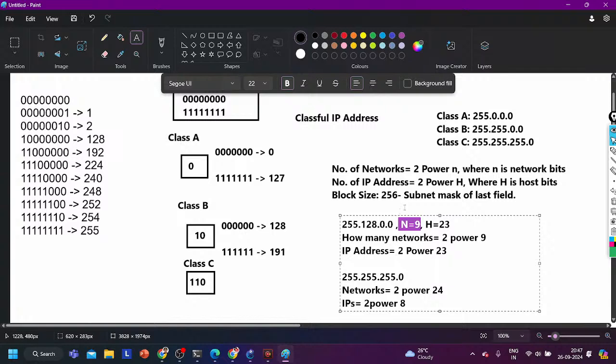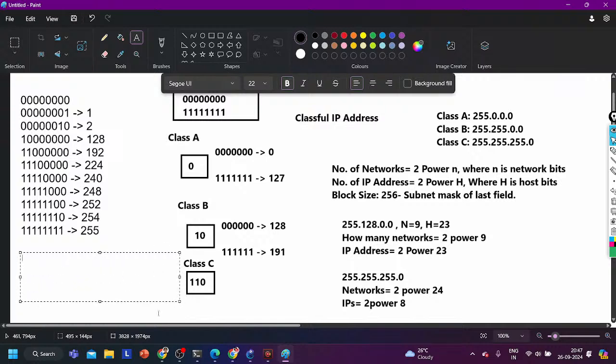If we increase the network bits, what will happen? Increasing the network bits means decreasing the host bits.